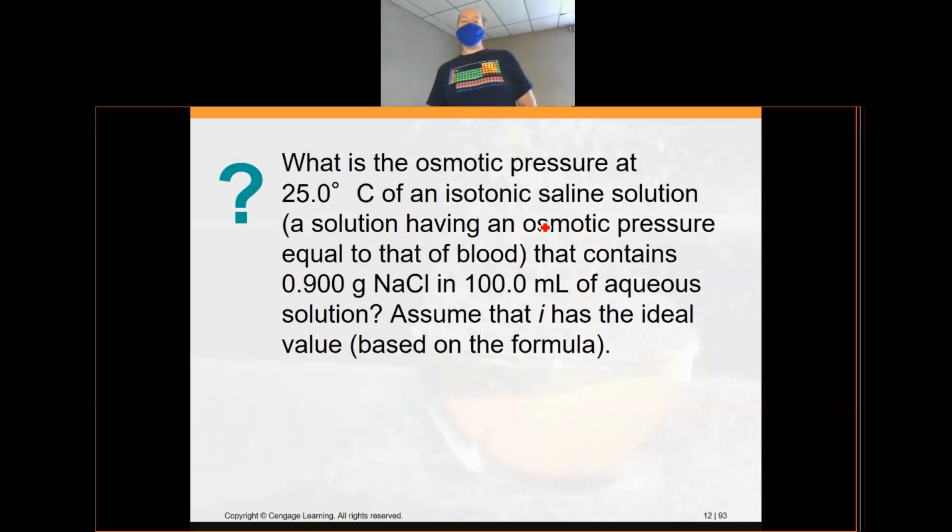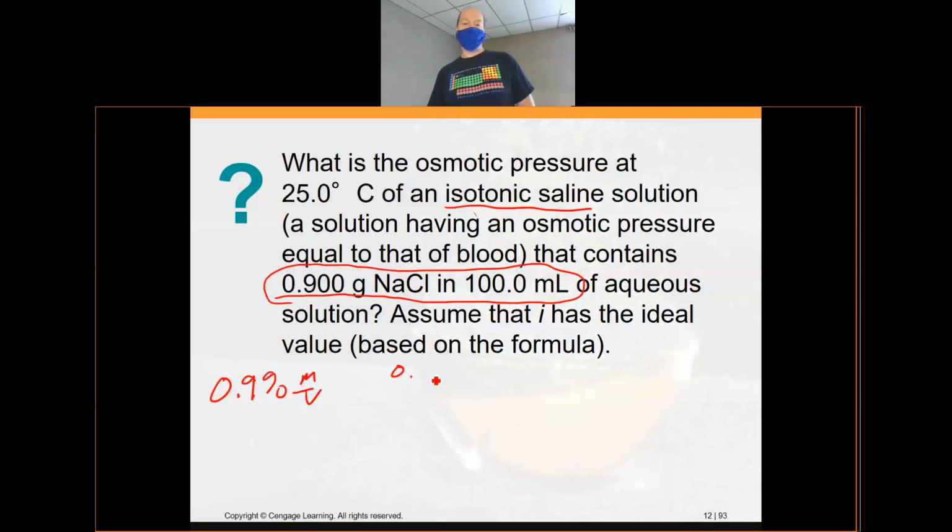All right, so isotonic saline solution. Here is how you make an isotonic saline solution. You take 0.9 grams in 100 mL of water. That's a little bit off; it should have been 99.1 grams of water. Okay, apparently biology makes a 0.9% solution, and that is a mass volume percent.